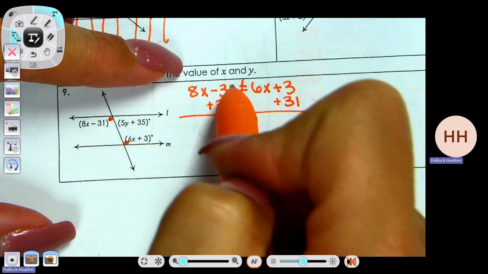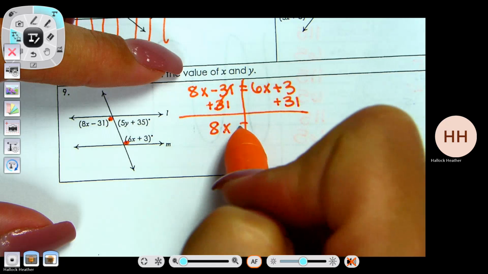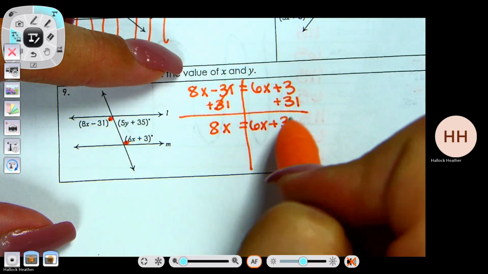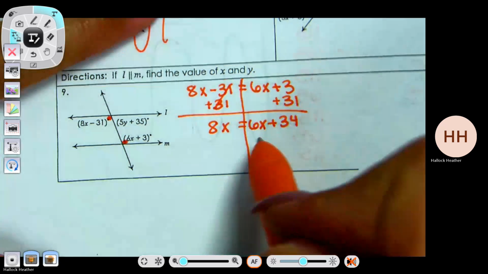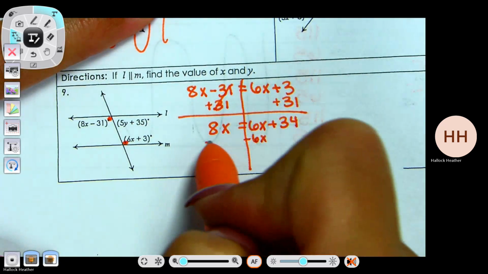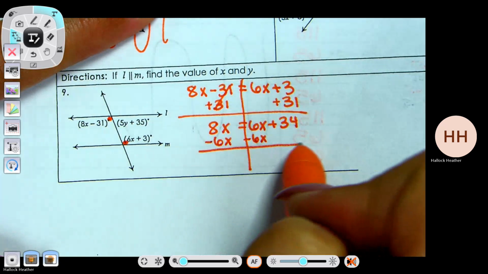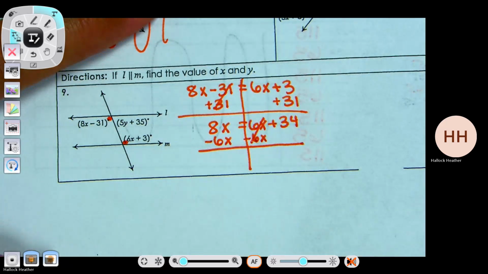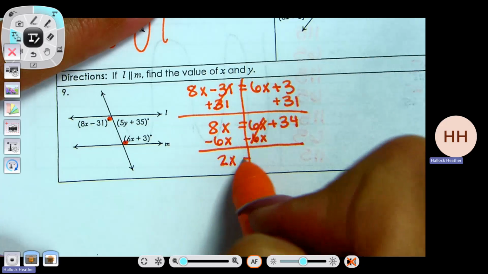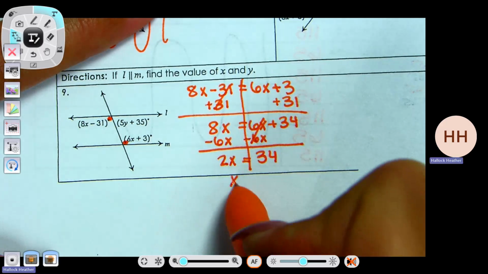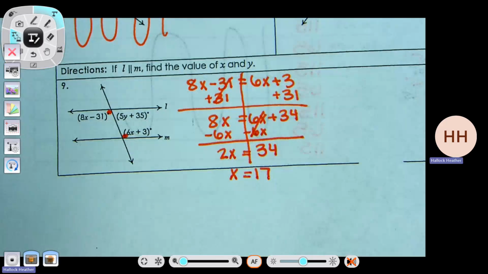Once you get x, you're plugging it in. I got 17. x is 17. We're plugging in 17, we're substituting it back in.